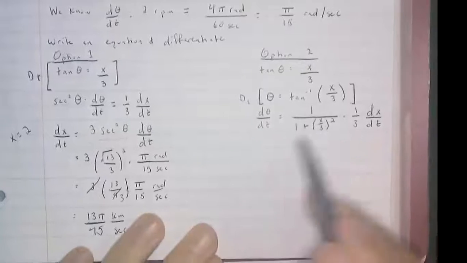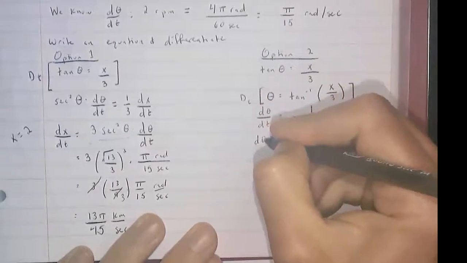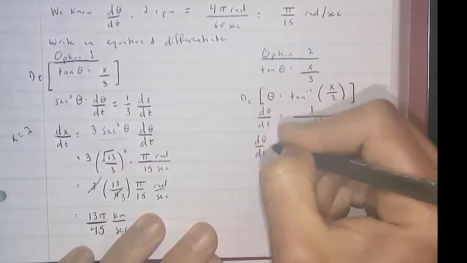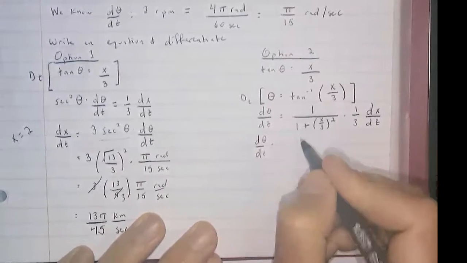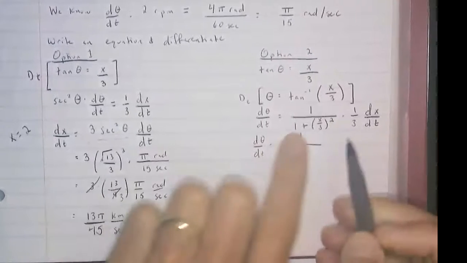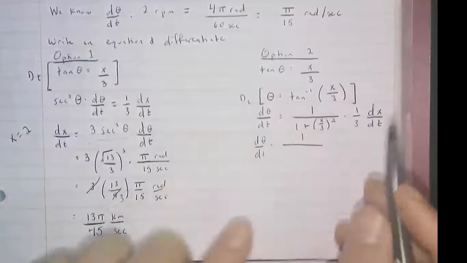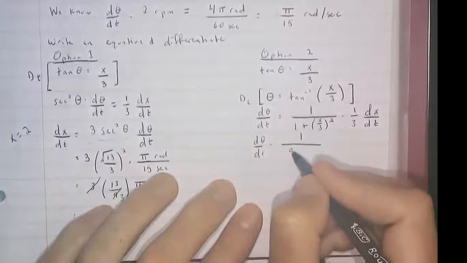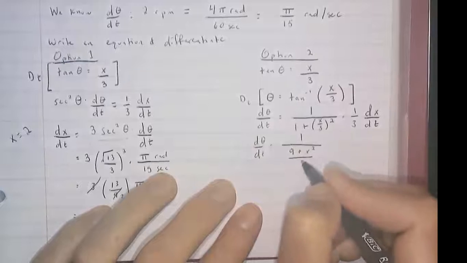So let's clean this up a little bit. We'll say that d theta dt is equal to, I'm going to do a couple things at once, 1 over, I'm going to square this, so x squared plus 9, and then I'm going to turn that into 9 plus x squared divided by 9.